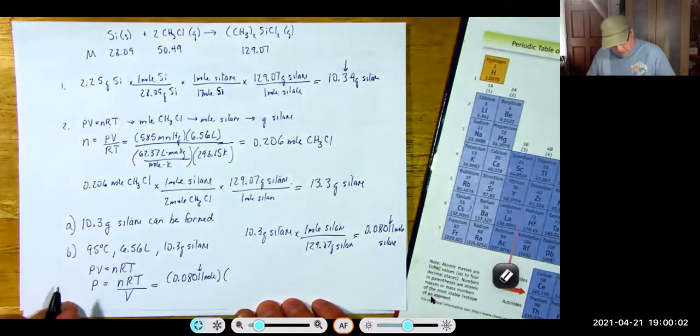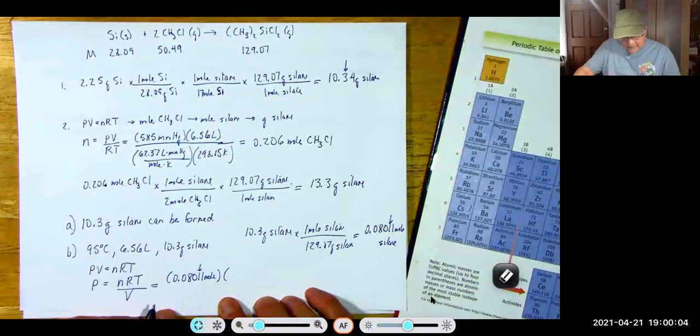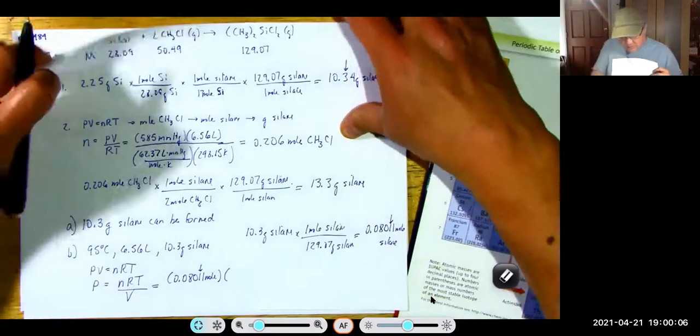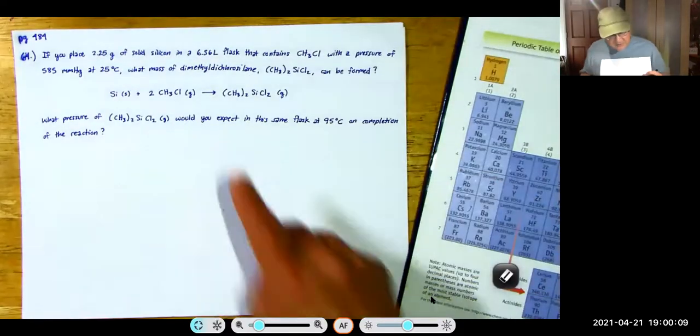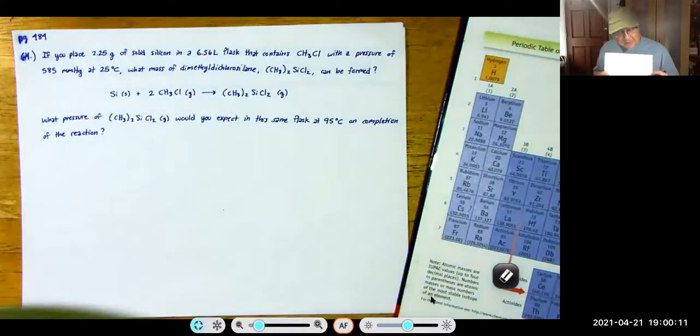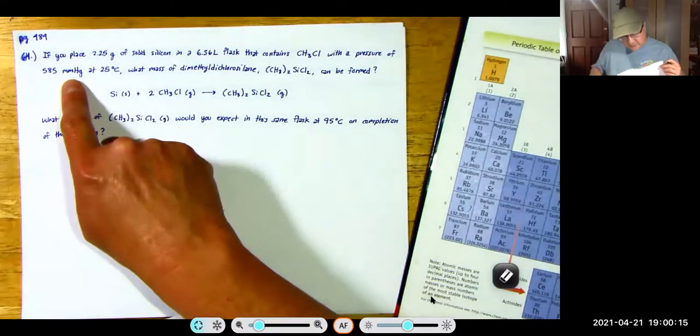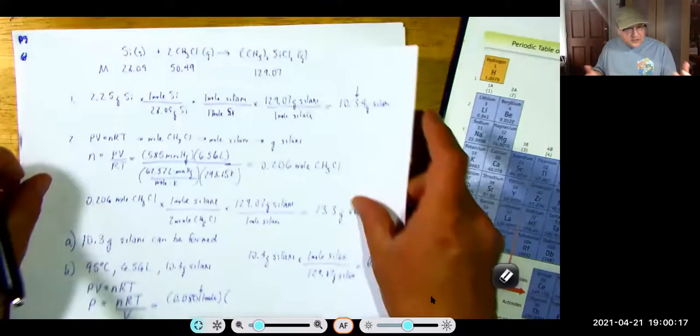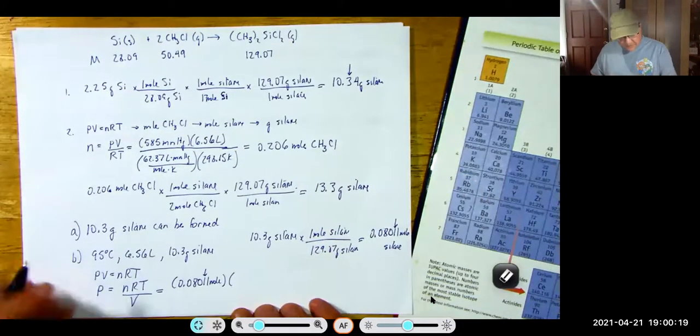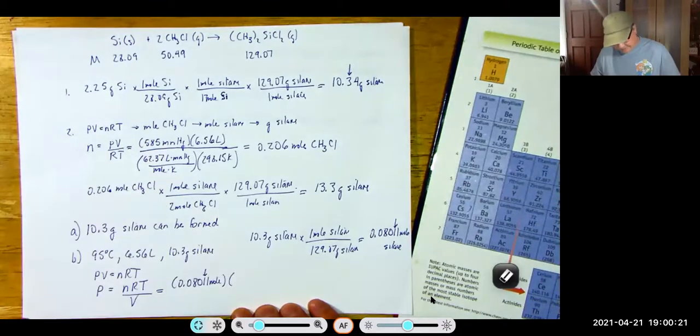For the R, we're going to go ahead and see what kind of answer they want. What pressure, they didn't say if they want the pressure in atmospheres or millimeters of mercury. I'm going to get it in millimeters of mercury because that's what they gave us initially. And I'd like to know what the answer is compared to the initial pressure in the flask.